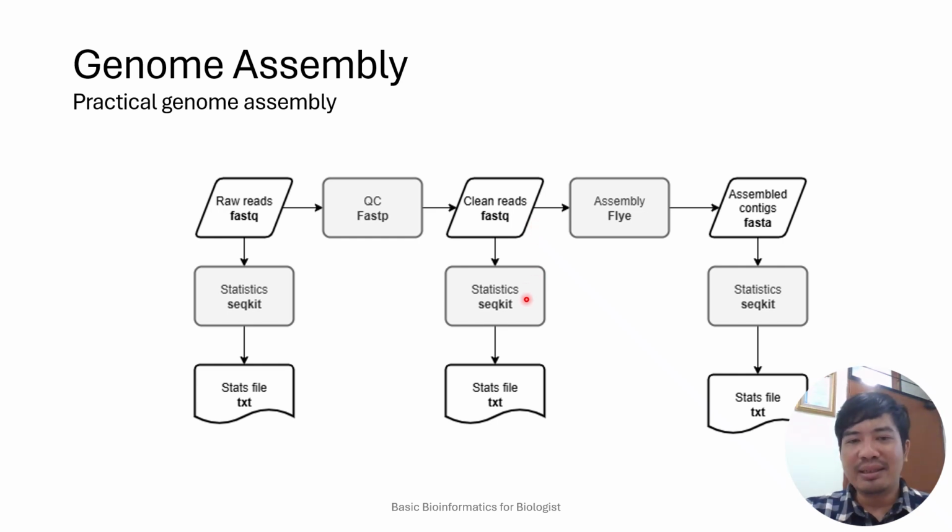You check the statistics again, and you run Flye until you produce the contigs, and then you evaluate the contigs using the same tools, and you evaluate all three statistics to tell whether the reads are already assembled or not.